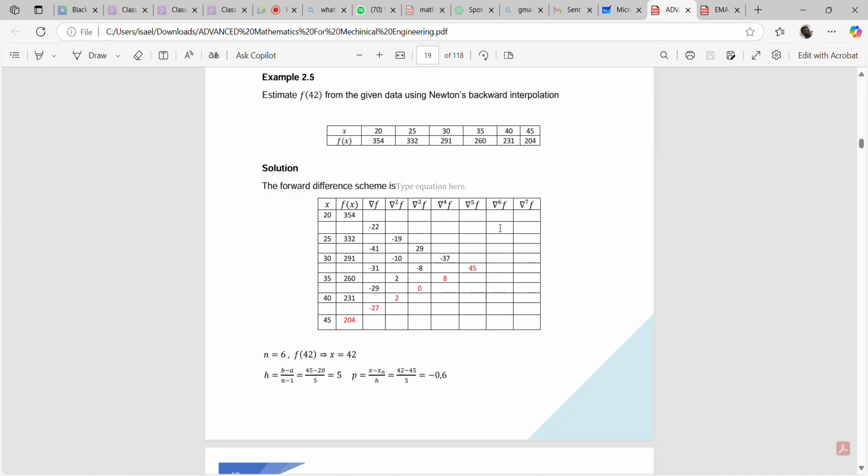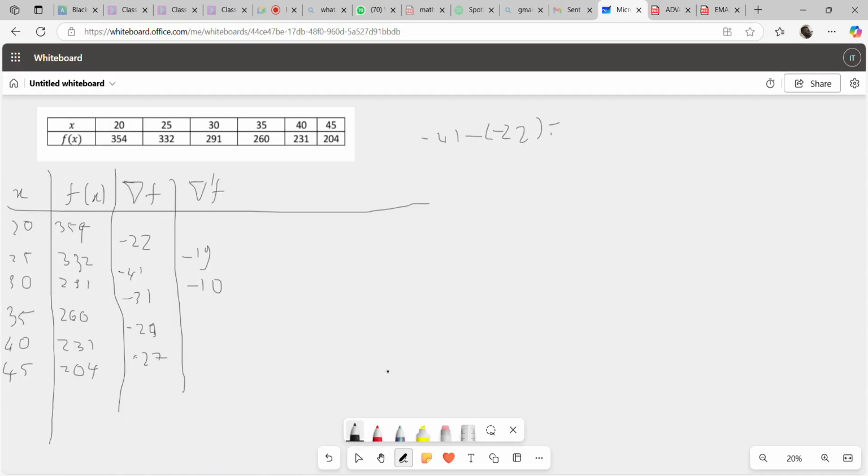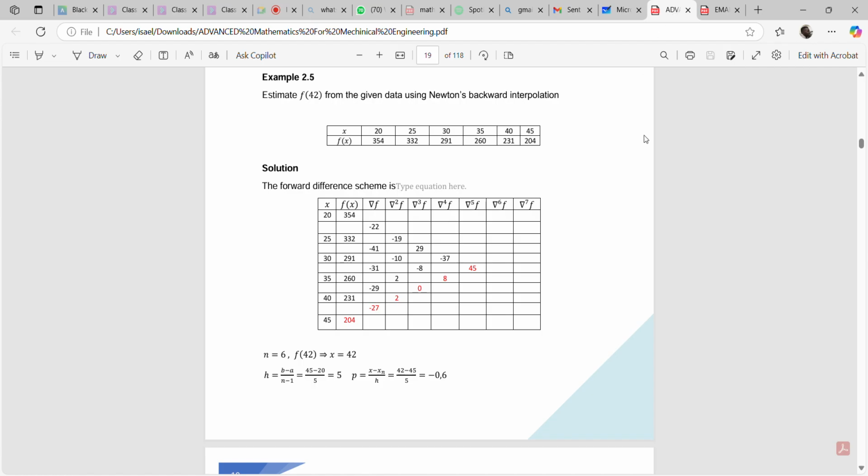What do you have as answer? It is 2. I hope you see what I'm doing, right? Minus 27, minus of the formula, minus 29. What you get here is 2 as well.